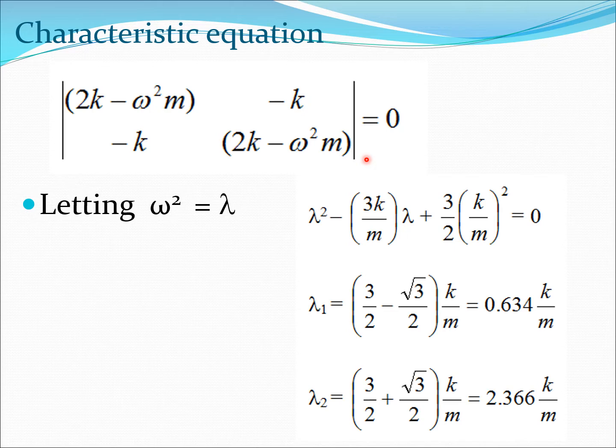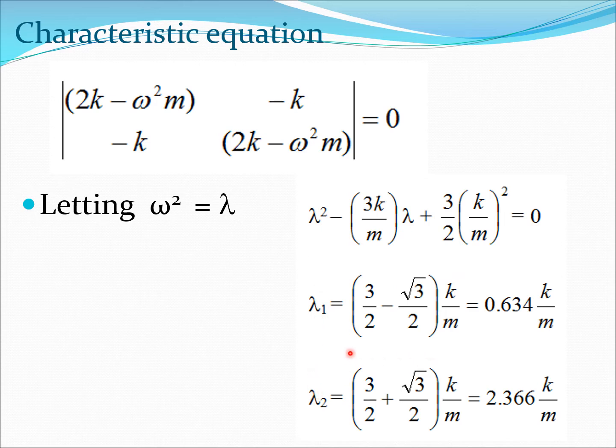Now, when we set this to 0 and we solve it, and let us put the square as lambda, we get a characteristic equation in this form. And this characteristic equation has two roots because you have 2 degrees of freedom here. These roots are going to be lambda 1 and lambda 2.